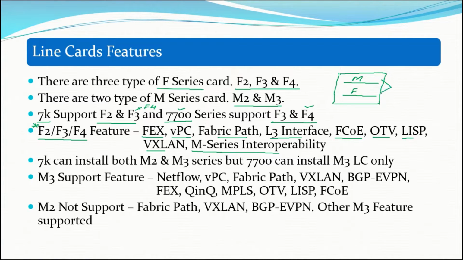At one time we can use only one line card, either the F or the M, which is the initial feature which they brought with the F1 and M1 series. But later when they introduced the next generation of line cards, F2, F3 and F4, they brought us an option that they can talk to each other. They have the interoperability options with the M series. They can work.